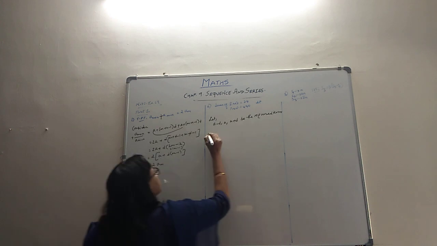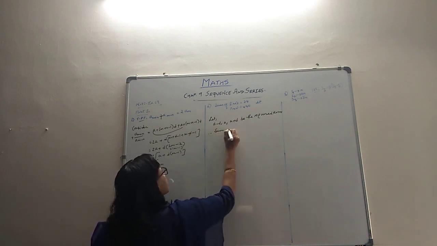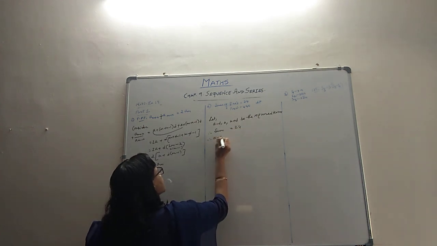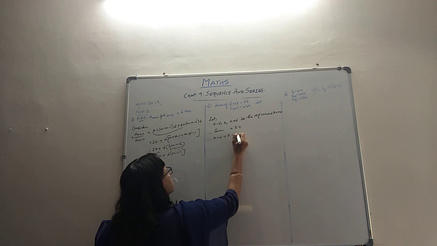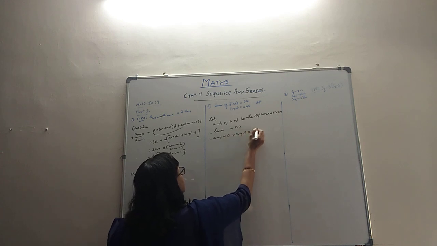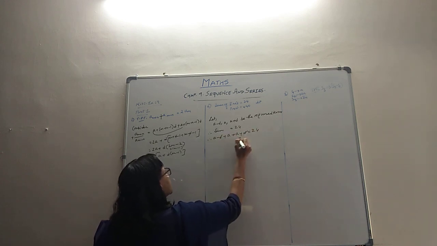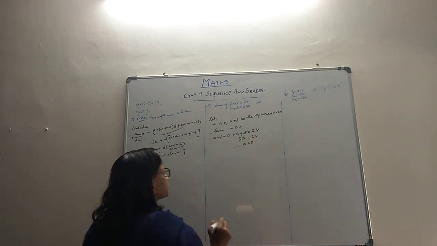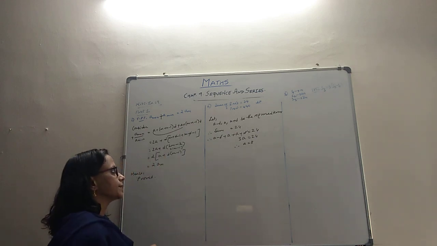Therefore the sum, which is given as 24, means a minus d plus a plus a plus d, which comes to 3a, which is 24. We can work this out. A comes to 8 in that case.